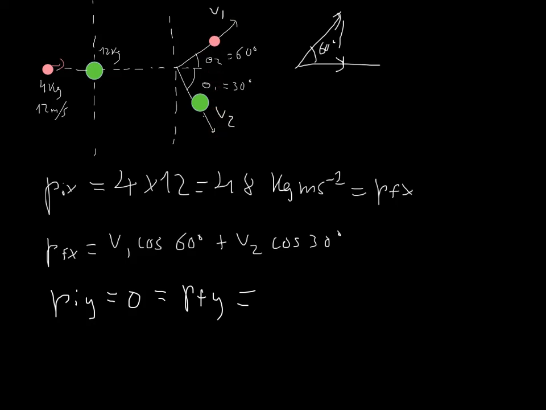So 0 has to be equal to v1 sine of 60 plus v2 sine of 30. And now we're done. I'm not even going to bother solving this equation. We've got two equations, this equal to 0, this equal to 48, with two unknowns, v1 and v2.